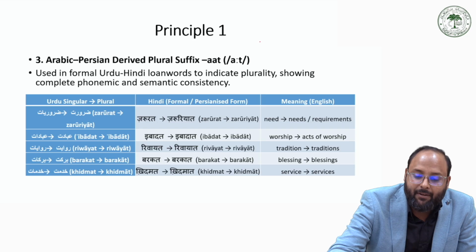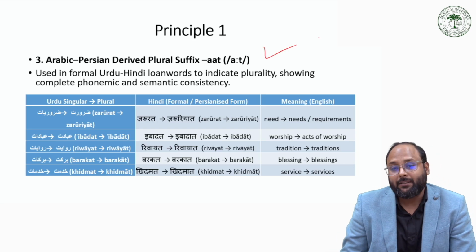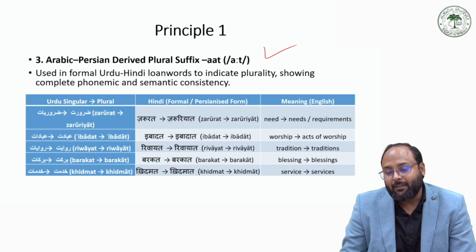We have a derived plural suffix at. It is borrowed from Persian. It indicates the meaning of plural and shows complete phonemic and semantic consistency.